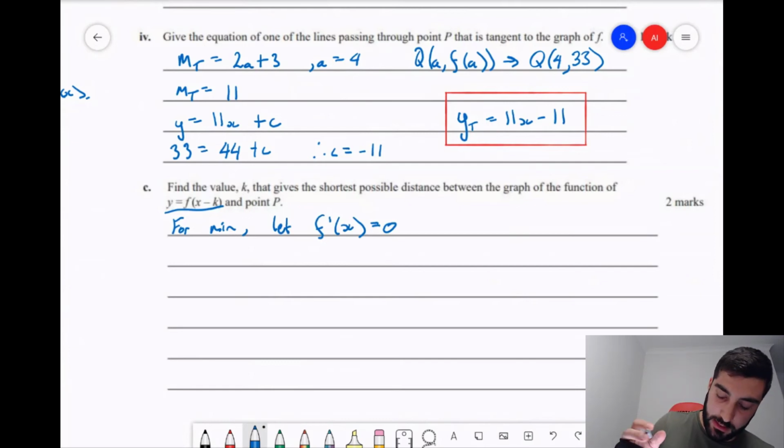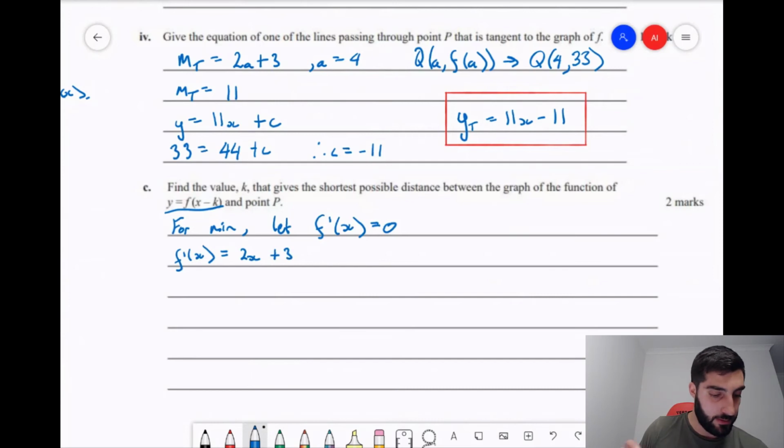We know the derivative function f dash of x is equal to 2x plus 3. Let that equal 0. So therefore the x value is minus 3 on 2.